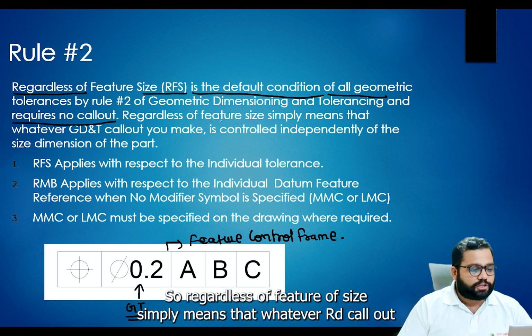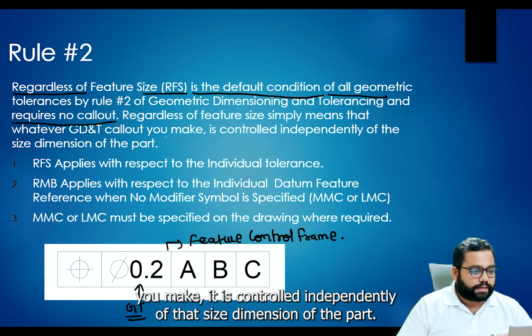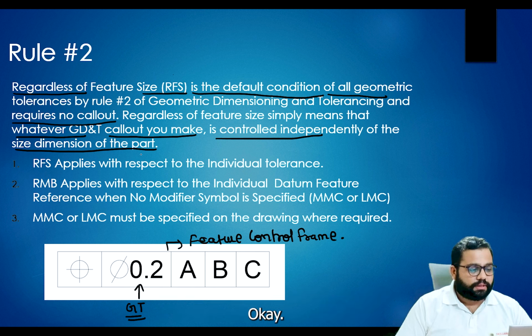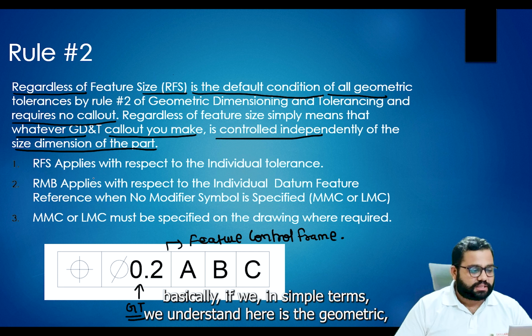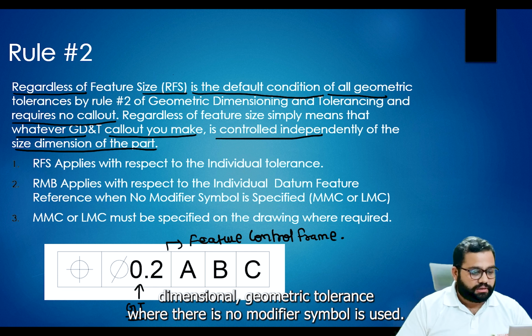Regardless of feature of size simply means that whatever GD&T call out you make is controlled independently of the size dimension of the part. In simple terms, RFS is a geometric tolerance where no modifier symbol is used.